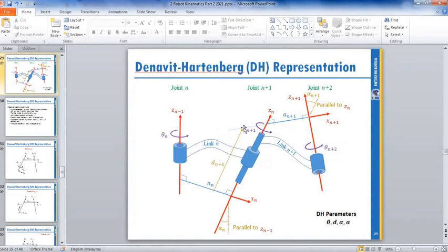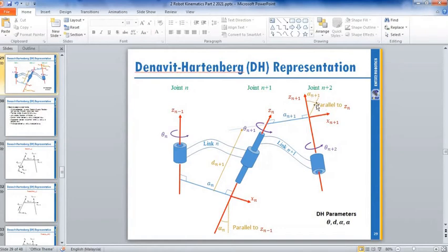If you have motion along the z axis, we call it d. If you have motion along the x axis, maybe you have a link, a robot arm link, that along the x axis we call a. So a for x, alpha for x.